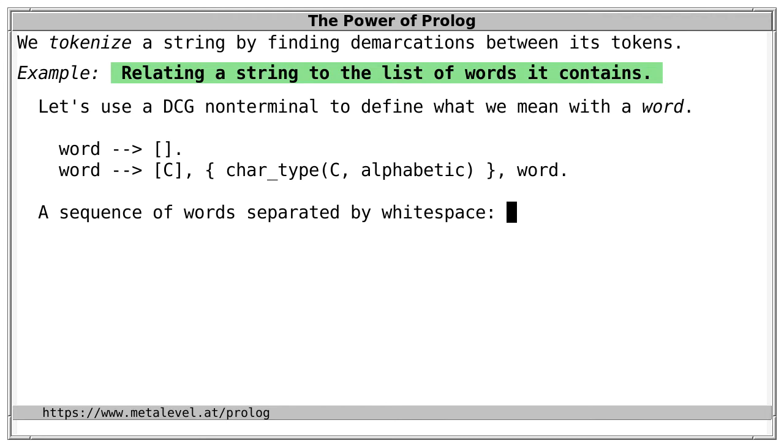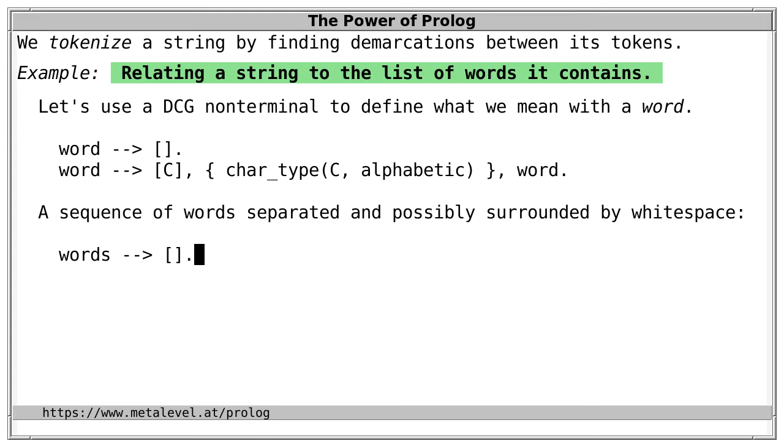And we can define a sequence of words separated by whitespace and possibly also surrounded by whitespace as another non-terminal, say words, which is either the empty sequence or whitespace, then a word, then again whitespace, and then a sequence of words, where we define whitespace as either the empty sequence or a whitespace character.